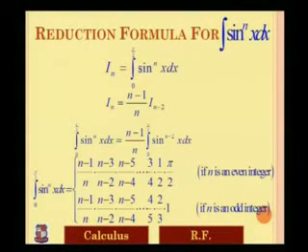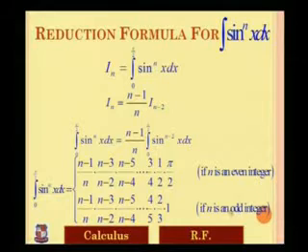The integration from 0 to pi by 2 of sine raised to n x dx is equal to (n minus 1) upon n, (n minus 3) upon (n minus 2), (n minus 5) upon (n minus 4), up to 1 by 2 into pi by 2 if n is even.